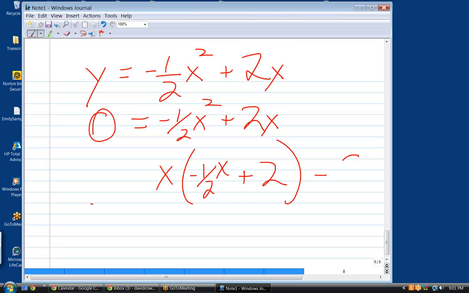Now all of that is equal to 0. Now we have the classical quadratic solution. We have two things multiplied equal to 0. One of them has to be 0. So we set both of them equal to 0. Well, that includes x, so there's one solution. And then we set the other factor equal to 0.